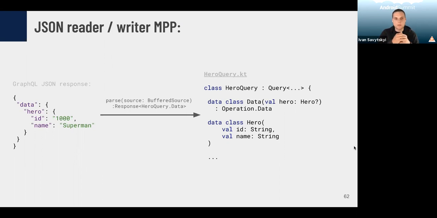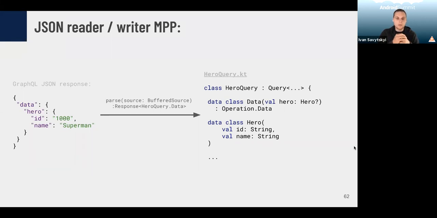It was very straightforward, but I want to point out this JSON reader and writer. When you send the GraphQL query, you get the response, and the response is represented by JSON. And because we are generating a model that knows how to parse this JSON, we need the JSON reader and writer. We need some JSON engine that will just read and write the JSON.